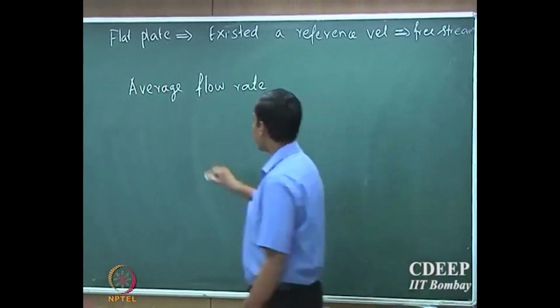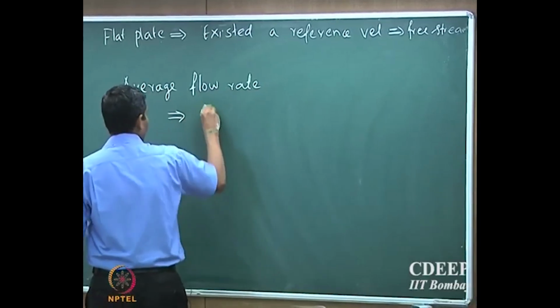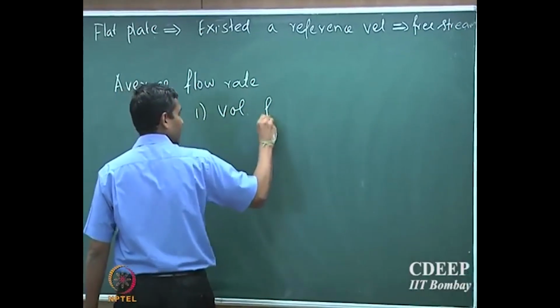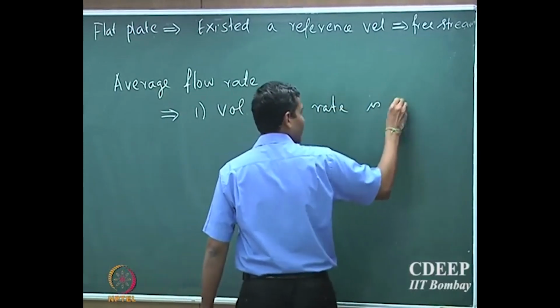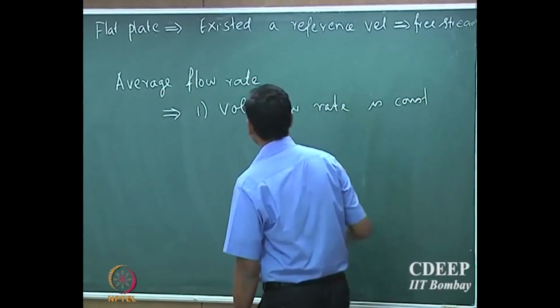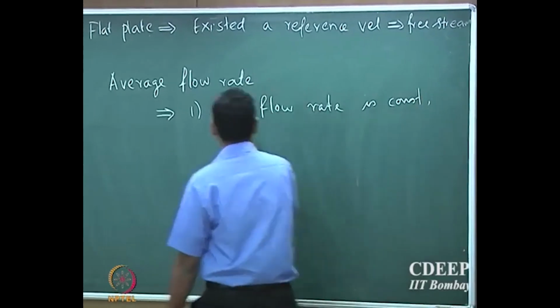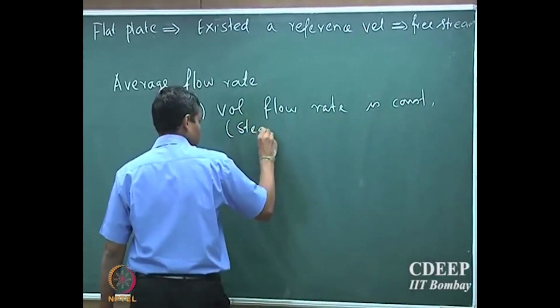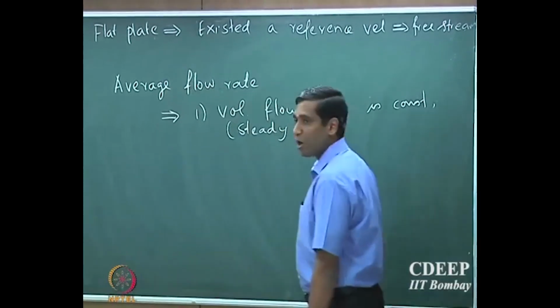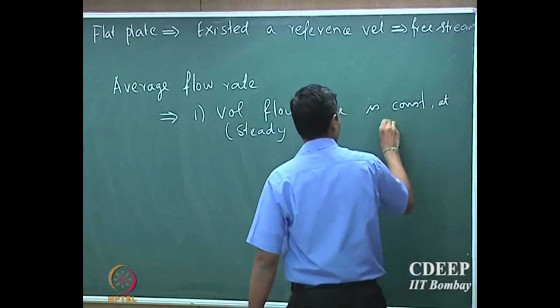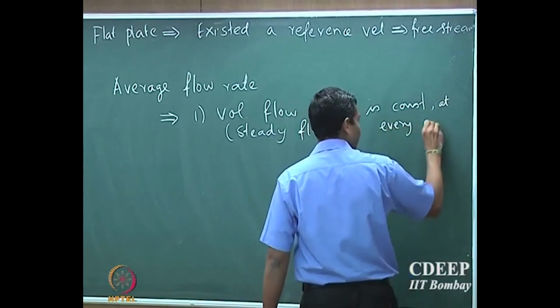One is that the volumetric flow rate is constant if it is a steady flow. The steady flow rate is constant at every cross section. That's very important.